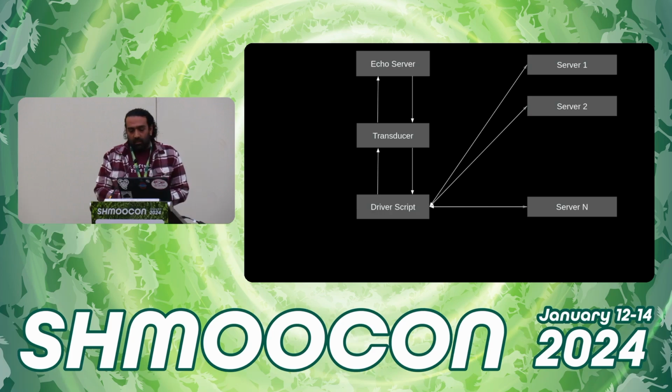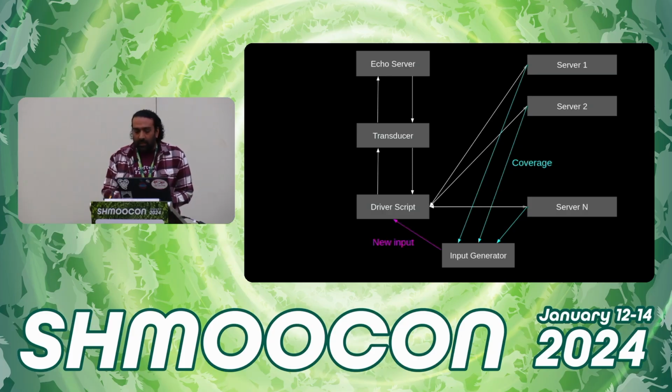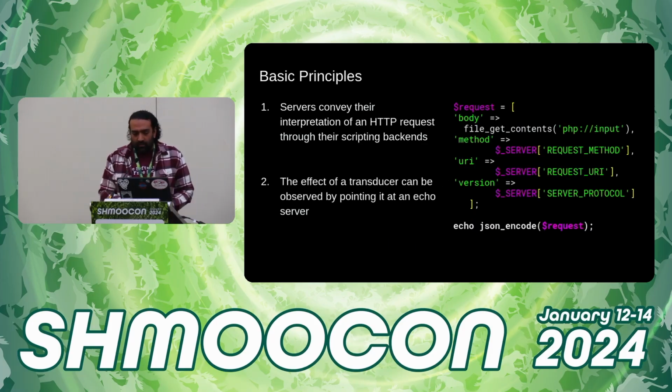The other thing that we have also done is something called differential fuzzing, where we have an input generator that takes into account coverage as well as a grammar for HTTP 1.1, and then it keeps passing on new input to the driver script based on previous coverage information that we've gathered. And the entirety of the HTTP garden relies on two core tenets.